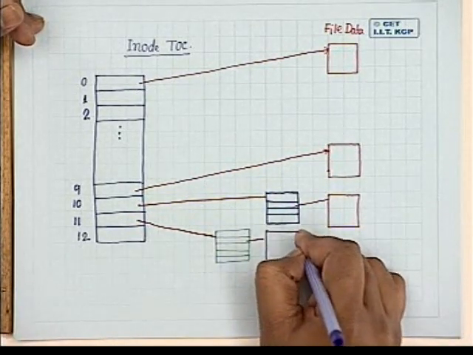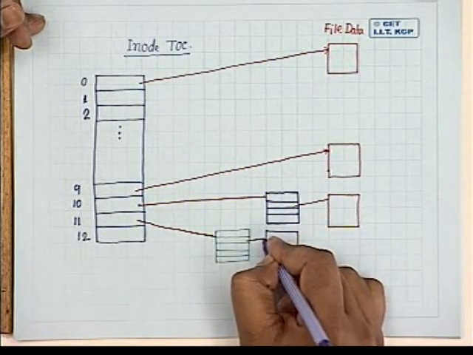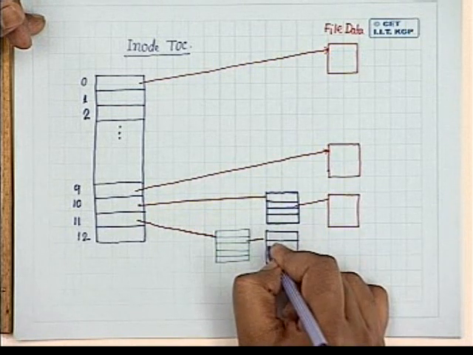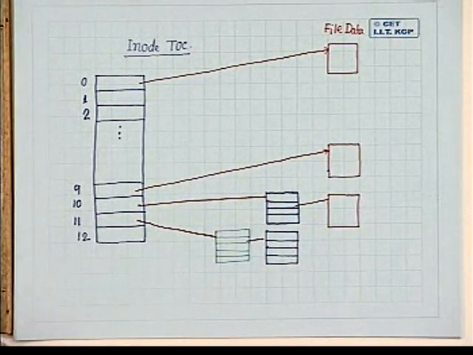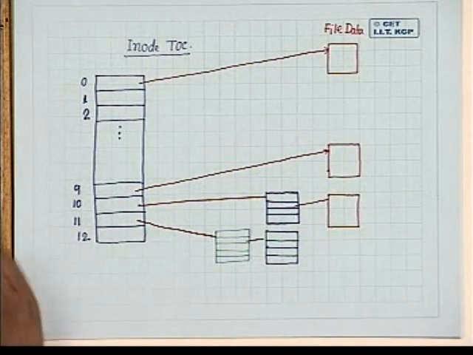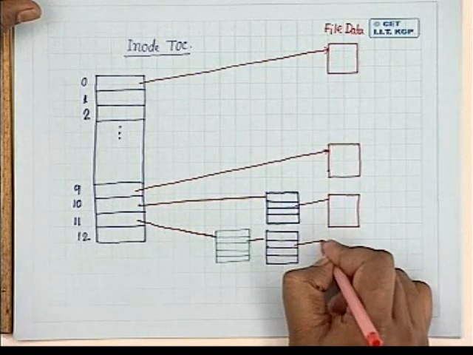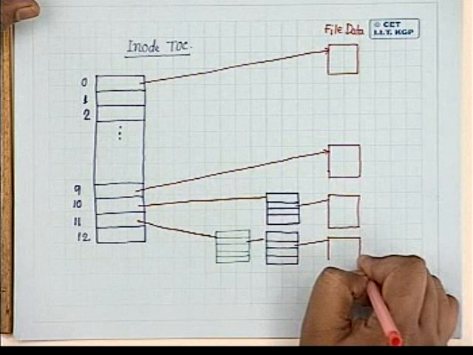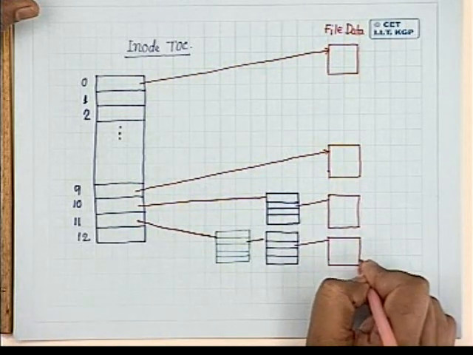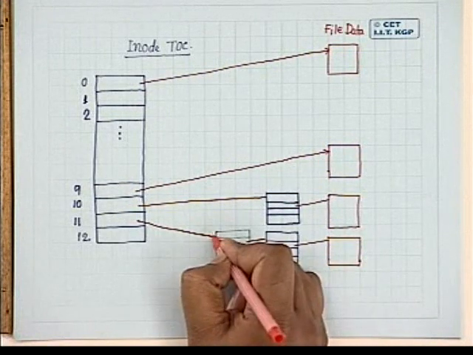Pointers means addresses, and in this case these are disk block addresses. And these pointers in the second level, they contain addresses of blocks which contain the file data.